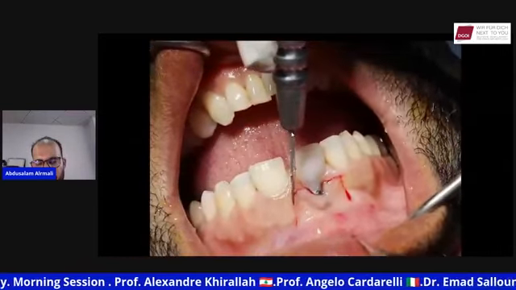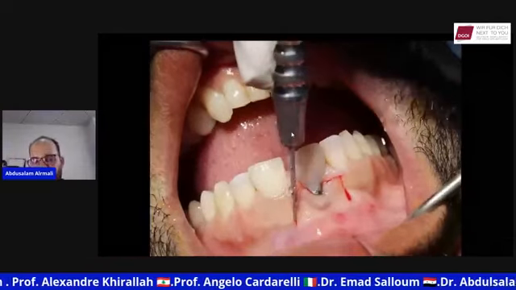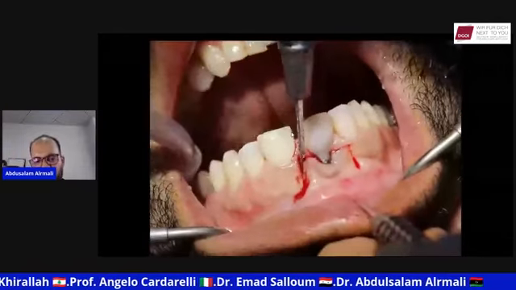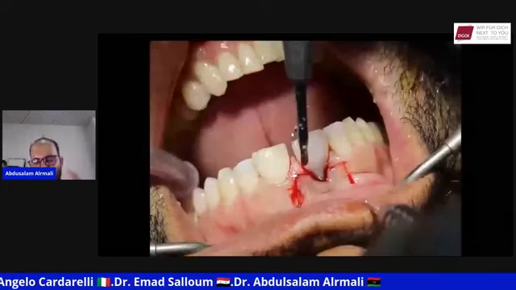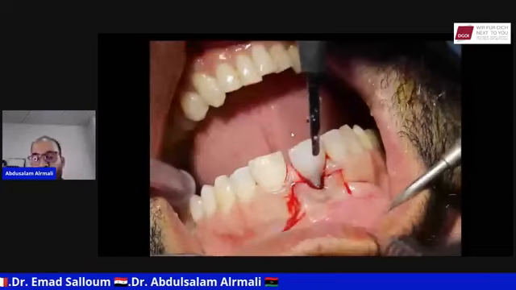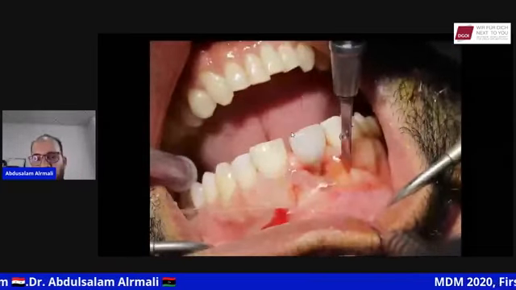Also try to do split thickness over the implant to keep the connective tissue attachment over the implant and not disturb the matrix.